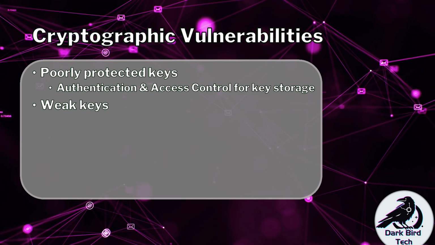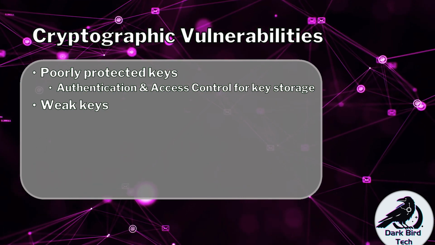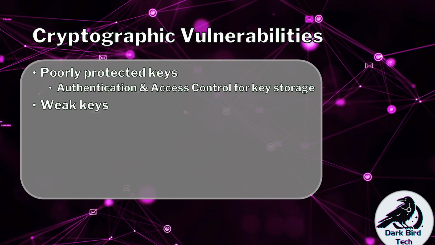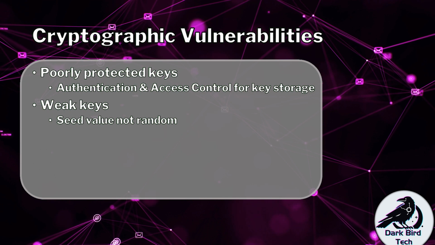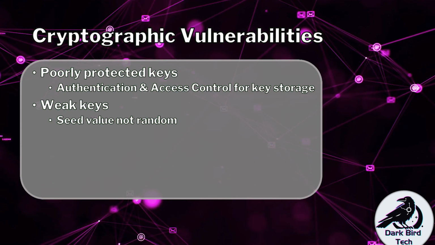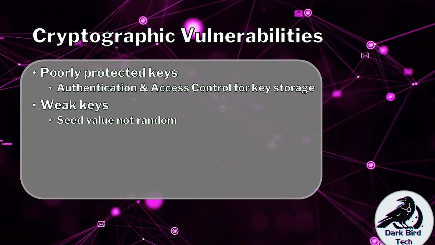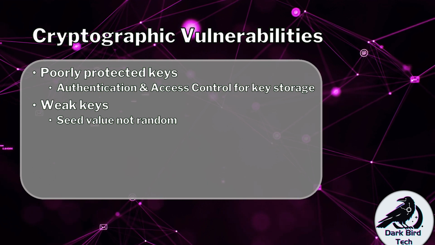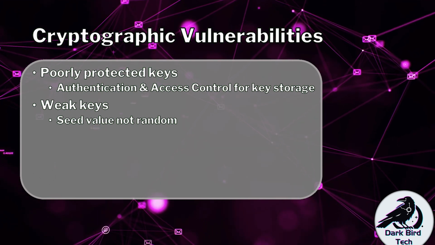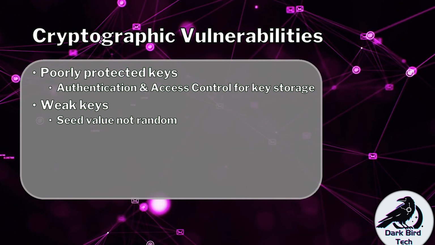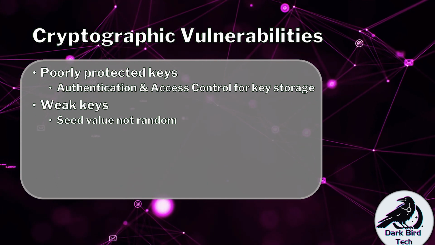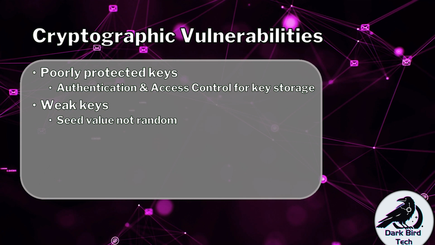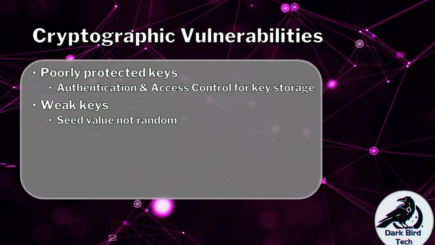Now, in a lot of cases, when you are setting up encryption, you normally type something. That itself is not the cryptographic key. That is something we call the seed value. And if the seed value is not unique or random enough, that can lead to repetitions of the same key being used by 2 or more different people, which can be a bit of an issue.